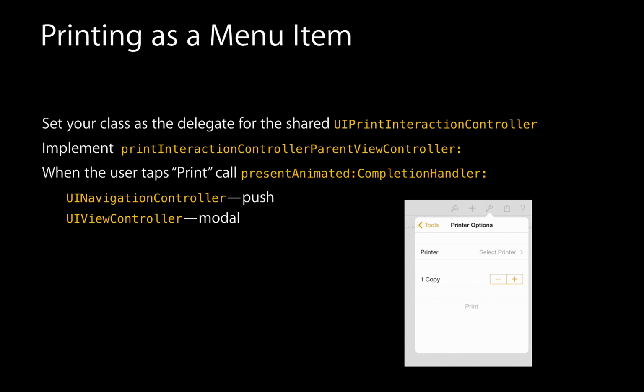Then when the user taps print in your UI, you'll just call presentAnimated completionHandler on the UIPrintInteractionController. And then if your class that you've told it is the parent is a UINavigationController, it'll get a push. And if it's some other UIViewController, it'll just get a modal presentation. But really, the navigation controller is where this is most useful.